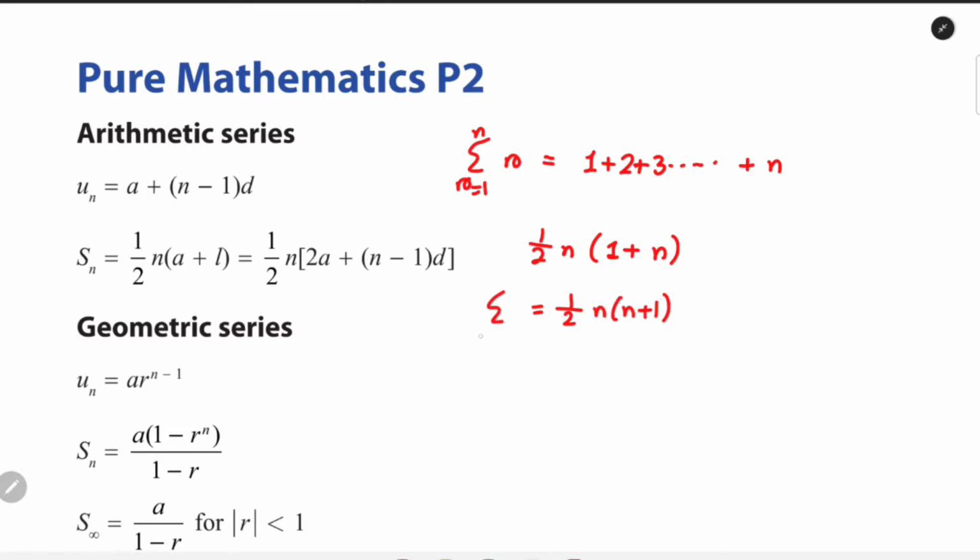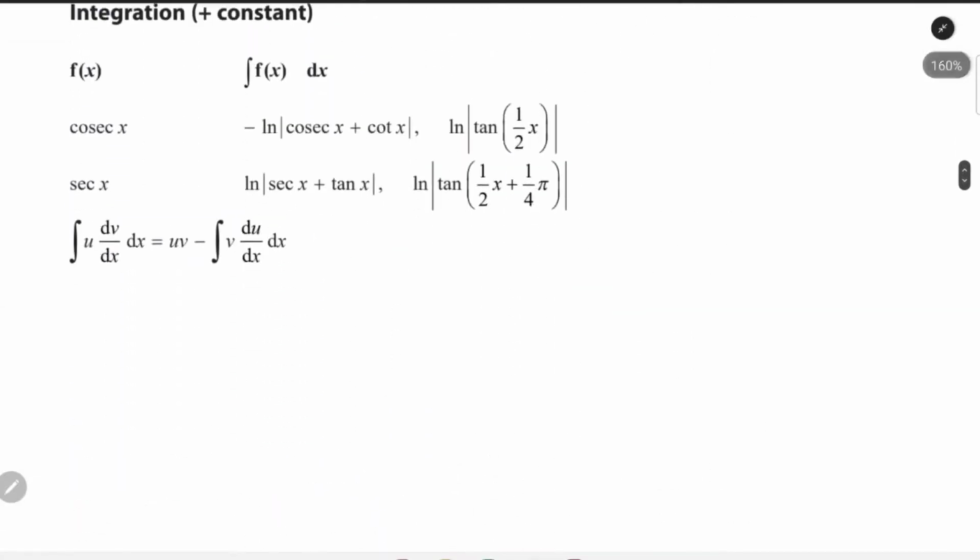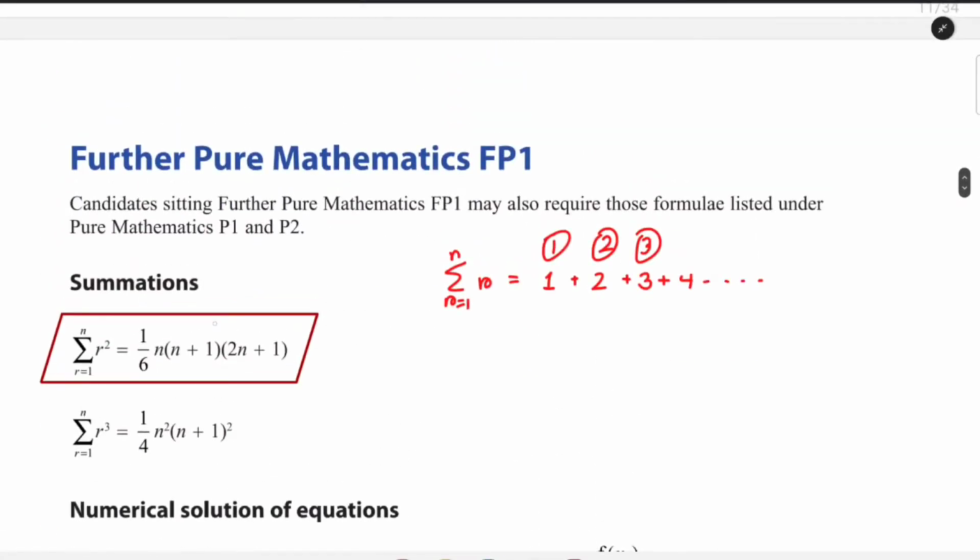This is the summation of r. And the summation of r squared is under F1: 1 over 6 n times (n plus 1) times (2n plus 1).